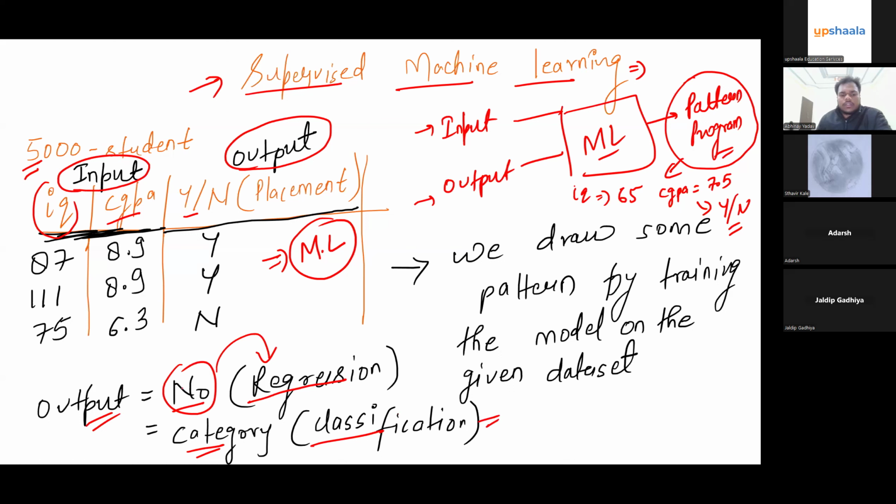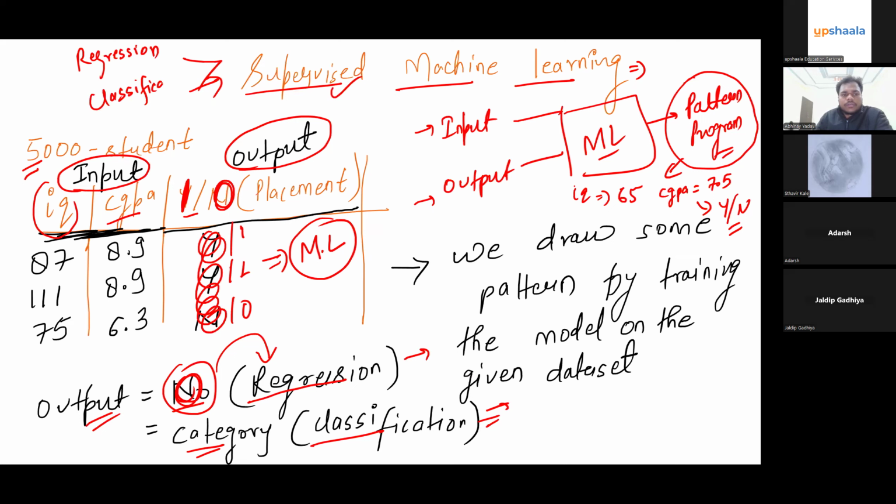Regression means numerical. So you can say this is one, this is zero; just write one or zero. So what you can conclude is that a supervised machine learning model can do both things. It can do the regression task, and it can also do the classification task.